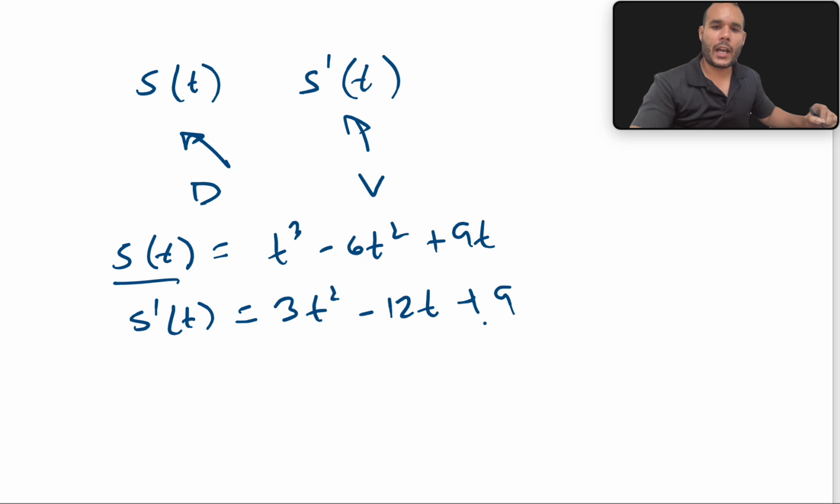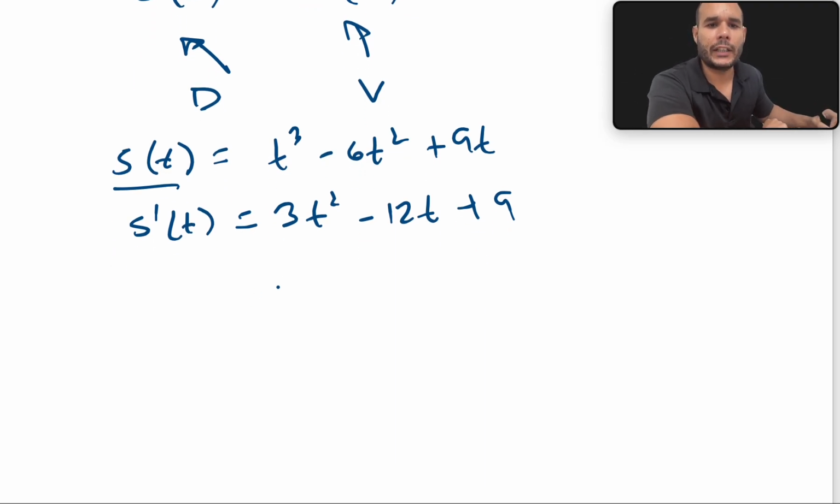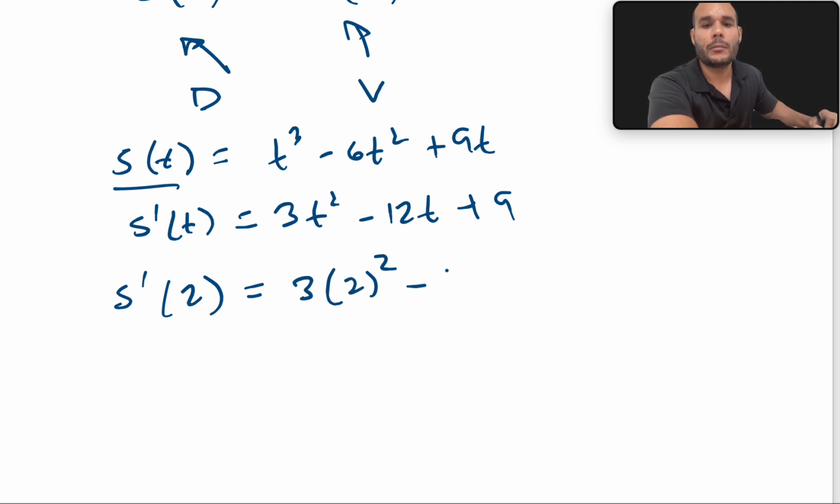Okay? So now, if you were asked to find the velocity of this particle, let's say at 2, all you would need to do is substitute 2 into the velocity function. So let's do that now. Let me get rid of this t, and let's just write a 2. So here we have 2 to the second power minus 12 times 2 plus 9.